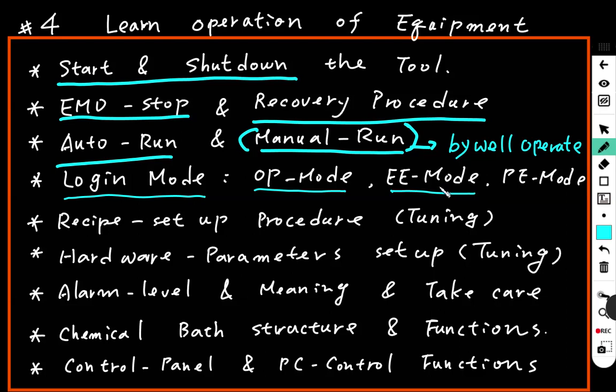Equipment engineer mode includes the recipe setup, the hardware parameter setup, the alarm setup, and many operations. The PE mode is basically only the recipe setup mode.